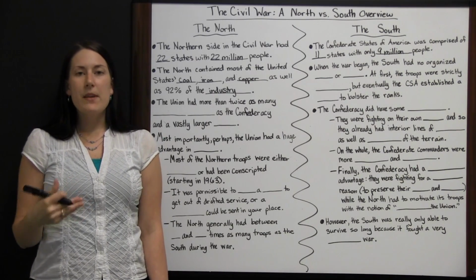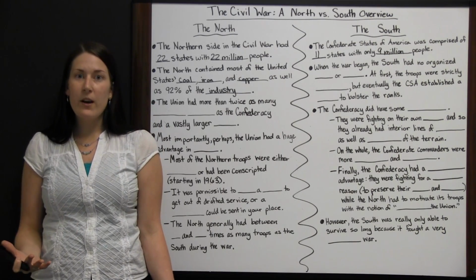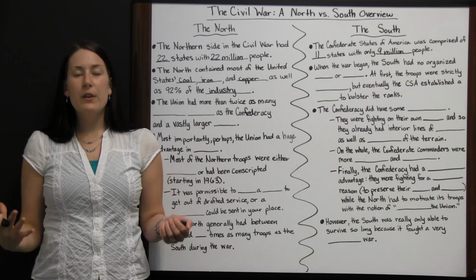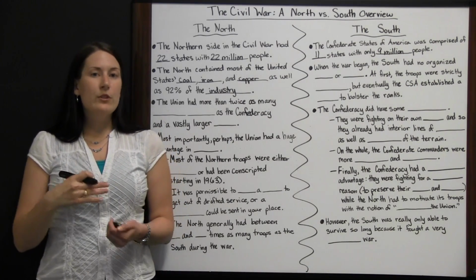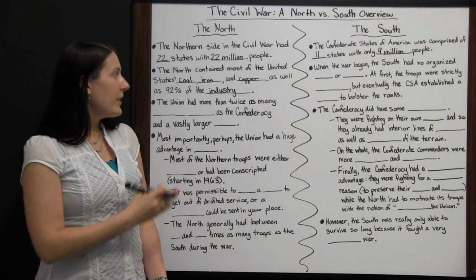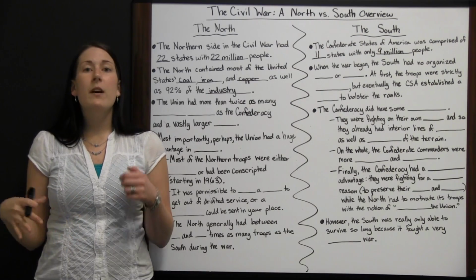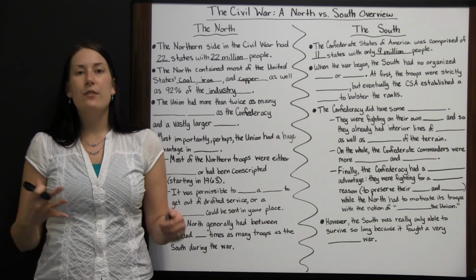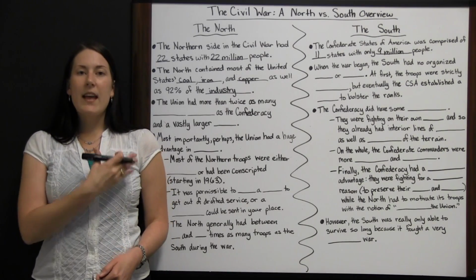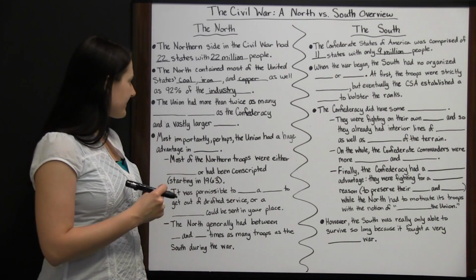The South didn't have the means, either material-wise or industrialization-wise, to be able to create a whole lot more in bulk for ammunition or for weapons. So the North had a big advantage there. They had the coal, iron, and copper deposits. They were able to use that to create more weapons and more ammunition as they needed them because they had 92% of the industry in that area already.